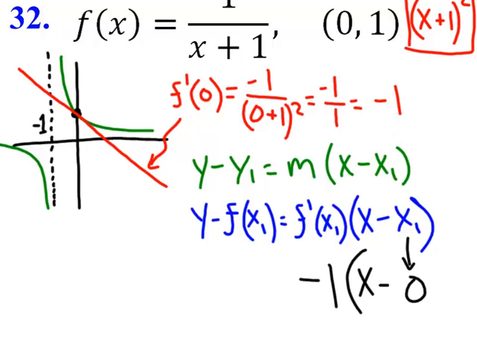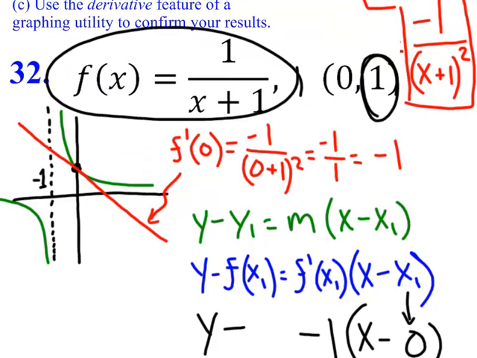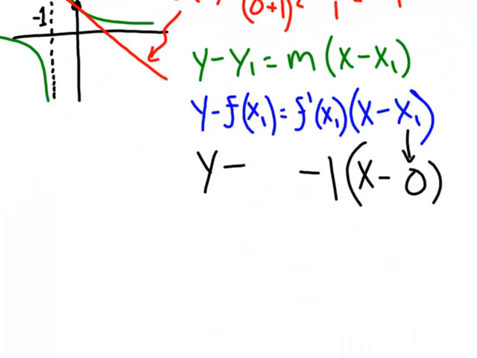So times x minus 0, and then y minus, and that's where we're going to put the actual y value here, which was given to us in this case, but if it wasn't given to us, we could have plugged our x value, 0, into the original equation, and that would give us the y1. All right, so I'll put a 1 here.